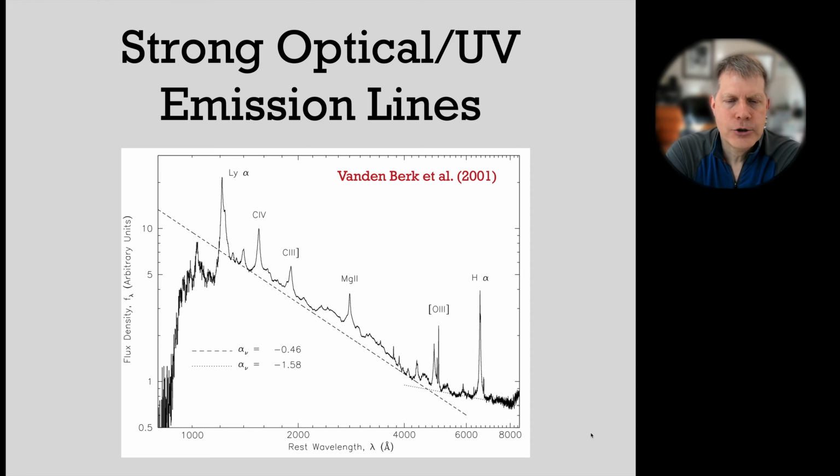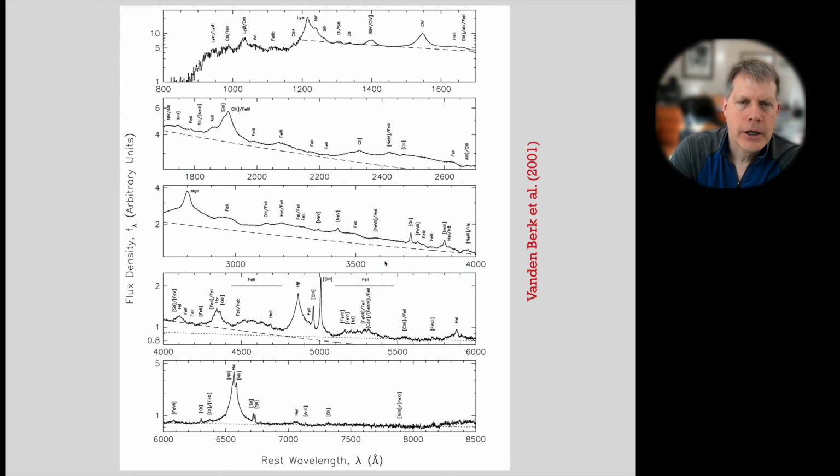So, as you will recall, active galactic nuclei generally show strong optical and ultraviolet emission lines. You can see them here: H alpha, O III, magnesium II, semi-forbidden carbon III, carbon IV, Lyman alpha, and many other weaker lines. Okay, and if you subtract out the underlying continuum and zoom in, as is done in this panel, you can see there are many lines.